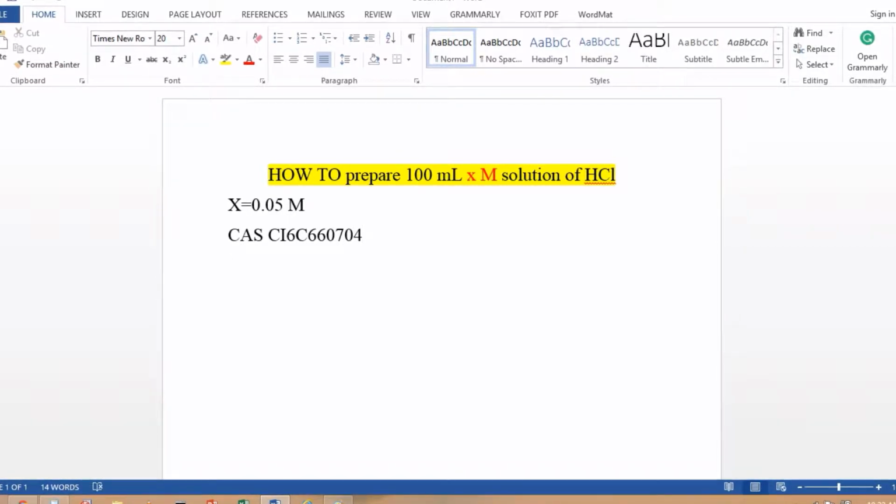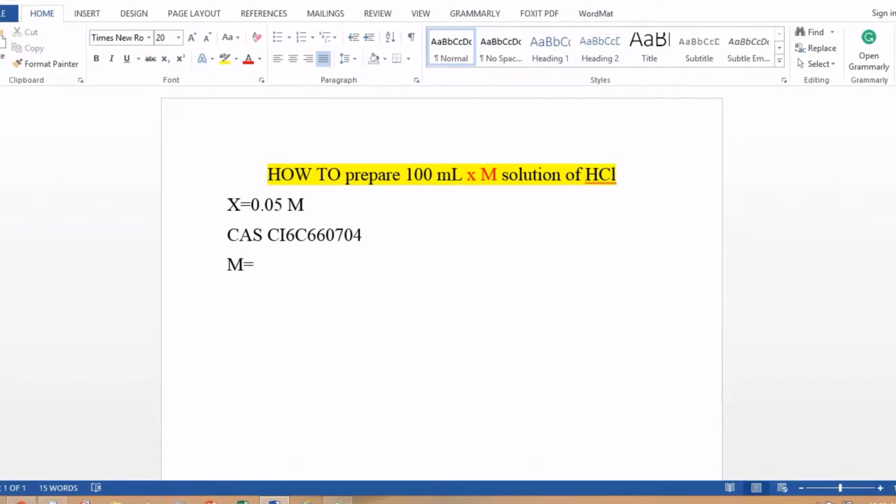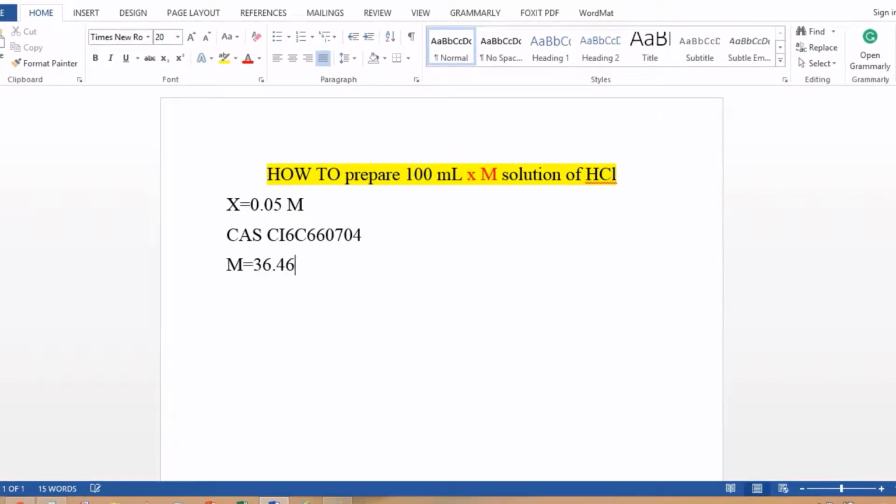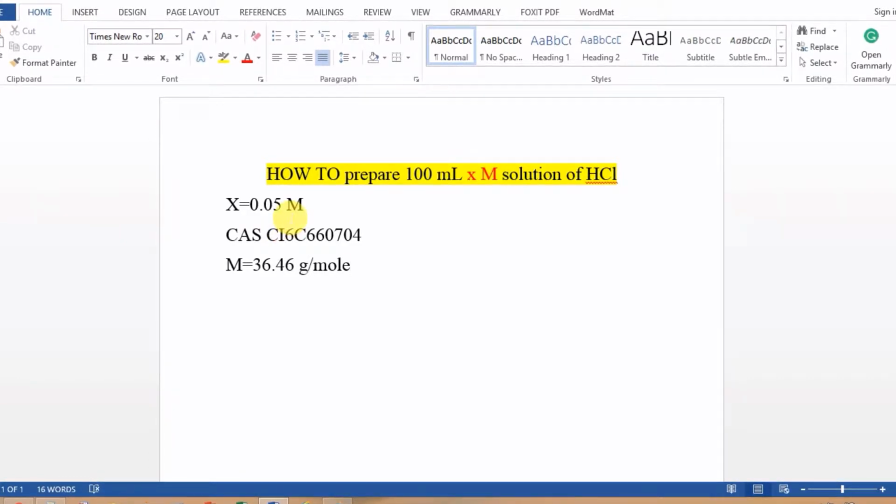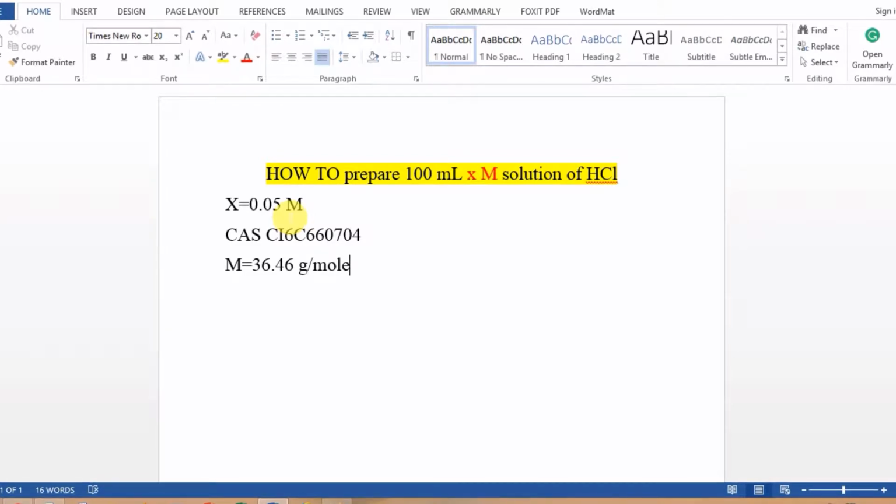You can find it, and I have purchased it from Merck. However the molecular weight, you will find written in the bottle, is 36.46 gram per mole. So each mole of HCl is more or less equivalent to 36.46 gram.